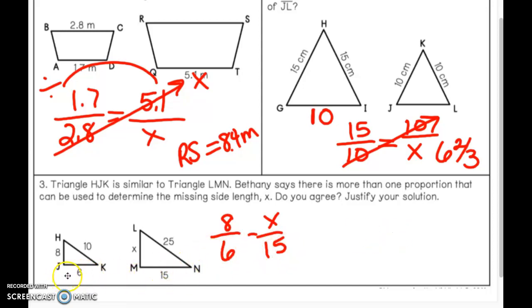And we could also use 8 over 10 equals x over 25. And if we do them both out, 8 times 15 divided by 6 comes out to 20, and 8 times 25 divided by 10 also comes out to 20. And that is how you can tell.